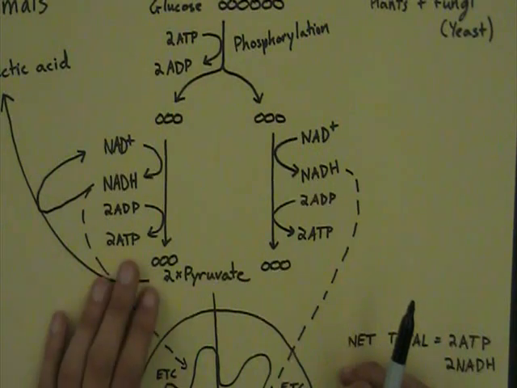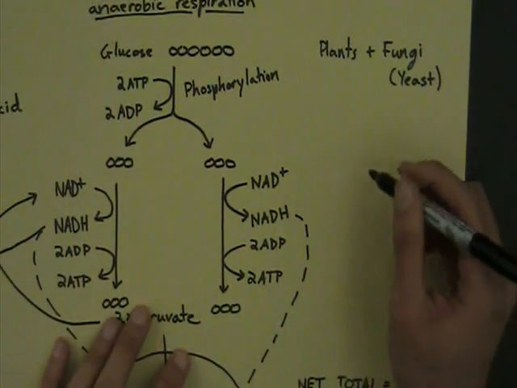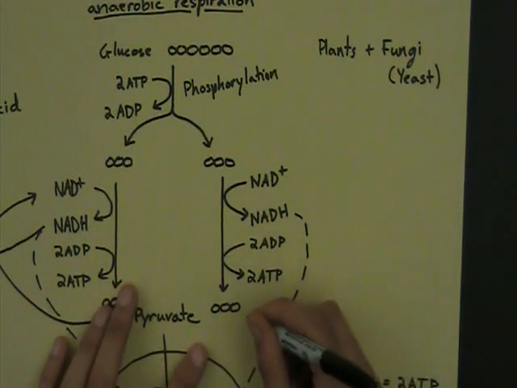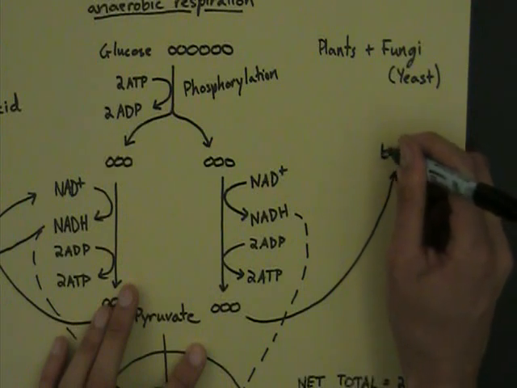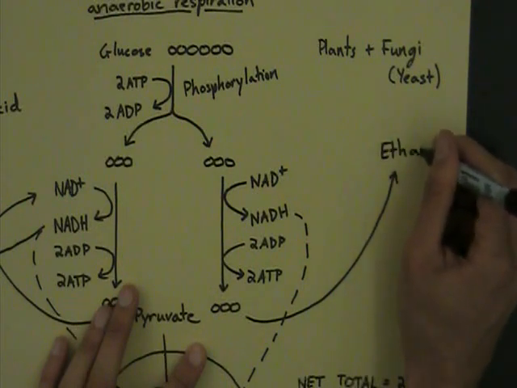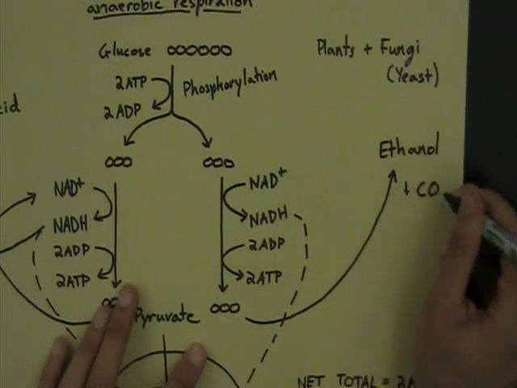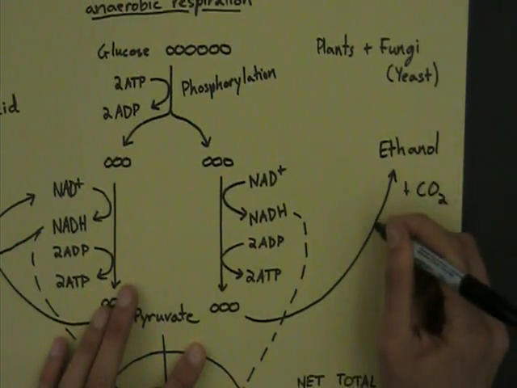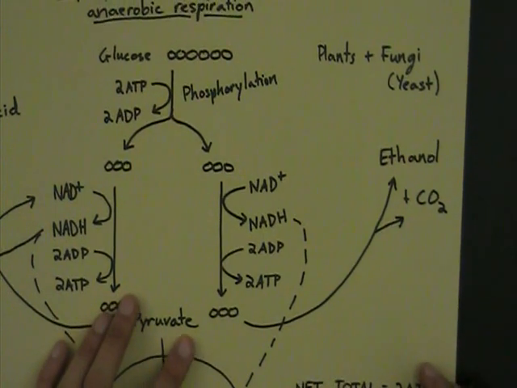In plants, lactic acid is not produced. Instead, we have two different compounds produced from the pyruvate. Ethanol and carbon dioxide.